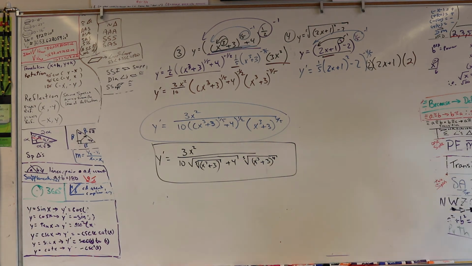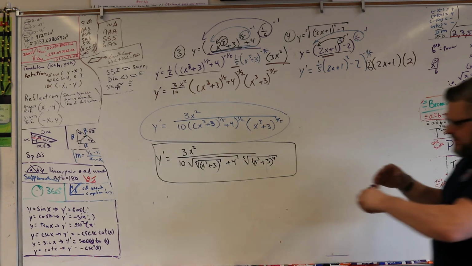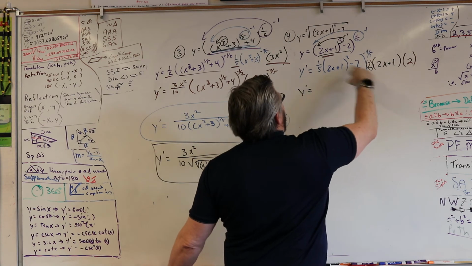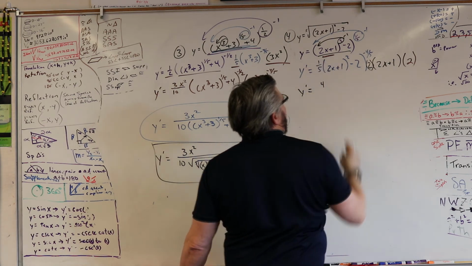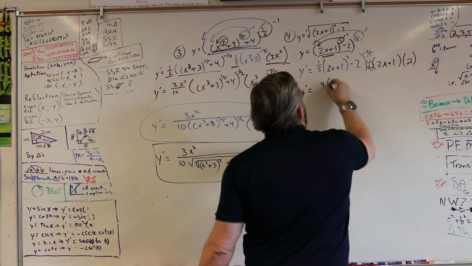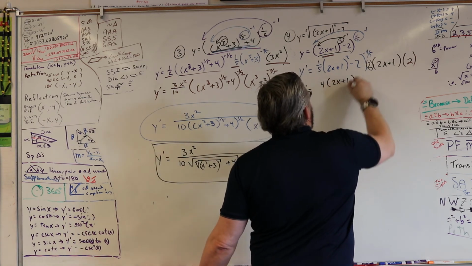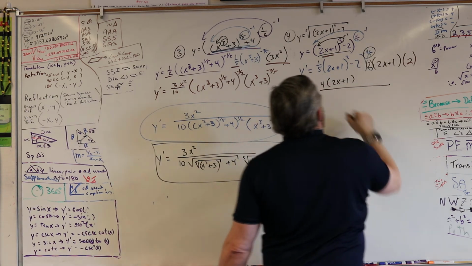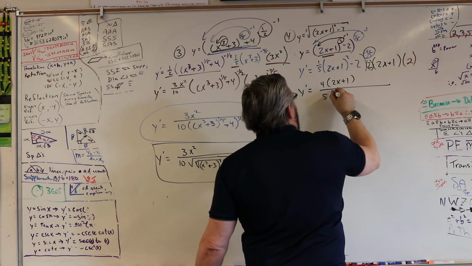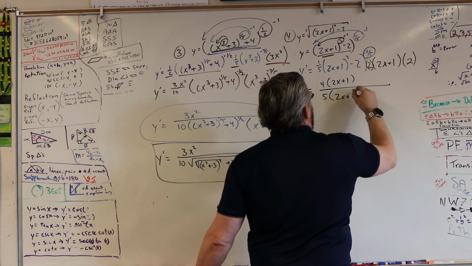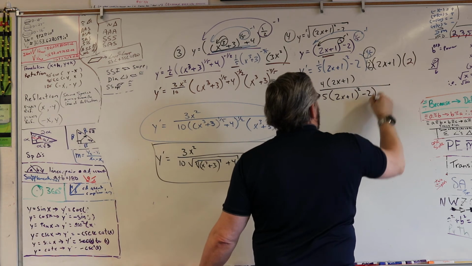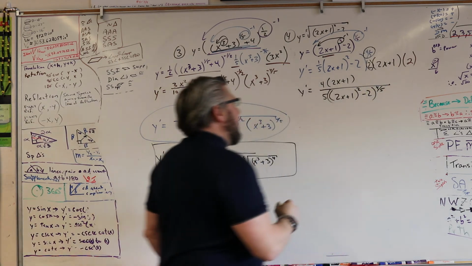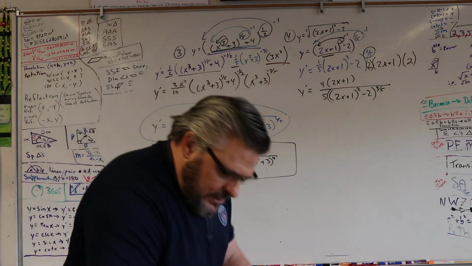And from there, then we collect our like terms. So y prime is equal to 2 times 2 times 1. So that's 4, right? Times 2x plus 1. And then we can move this guy down below and say 5 times 2x plus 1 squared minus 2 to the 4/5.